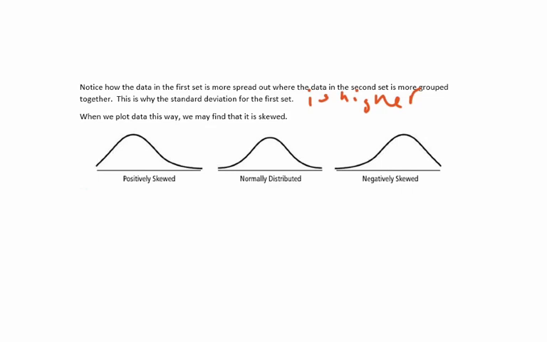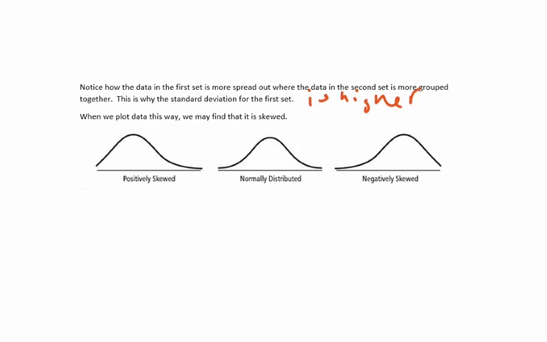All right. When we plot data this way, we may find that it is skewed. And so we've got three pictures there. We've got positively skewed, which is this one over here on the left. We have negatively skewed, and then we have normally distributed. Now, just notice with the skew, if you picture your number line with negative numbers to the left and positive numbers to the right, the skew is where the tail is, not where the hump is.